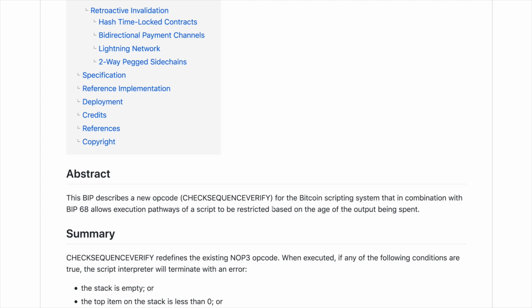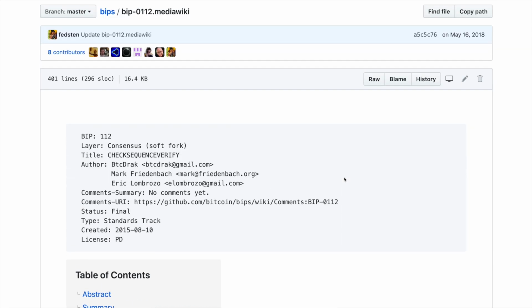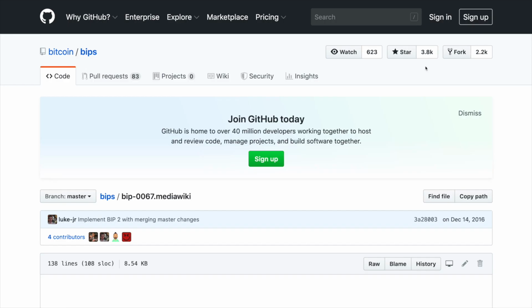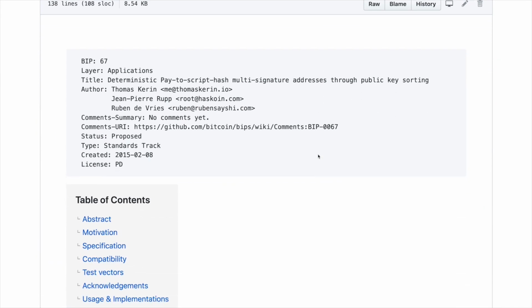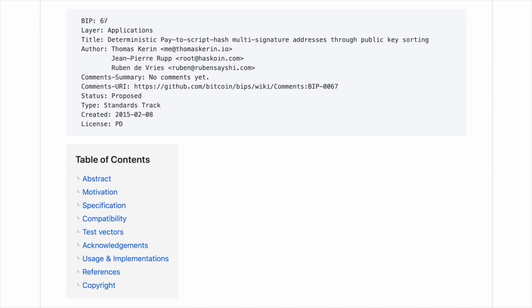It defines the age, or how many blocks away. Given these two opcodes combined with the multisig, which is defined in BIP 67, there have to be multiple signatures required to spend an output.